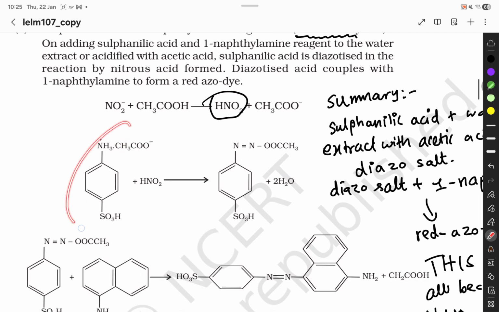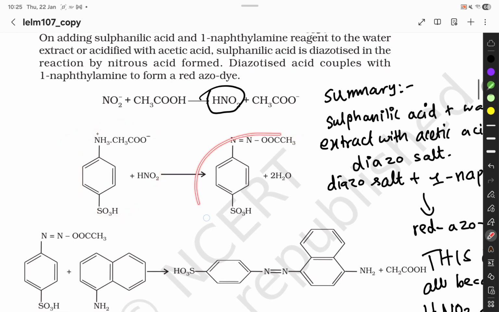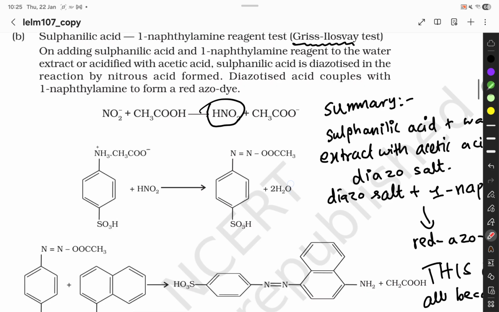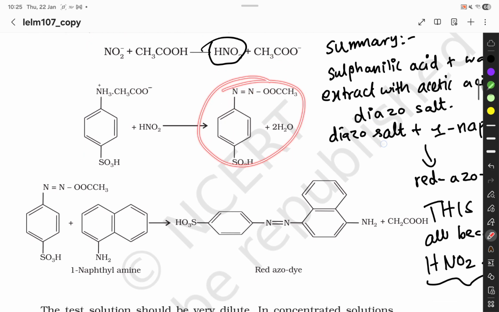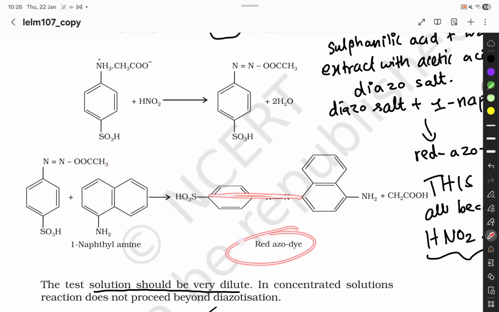Then diazotization occurs in this molecule, because first you add sulfanilic acid, then HNO2, and the CH3COO- attaches over here and forms the diazonium salt. Then para electrophilic aromatic substitution occurs over here, and forms your red azo dye.